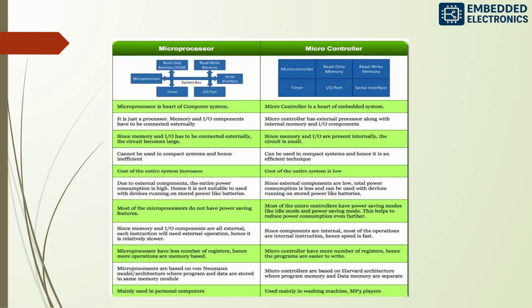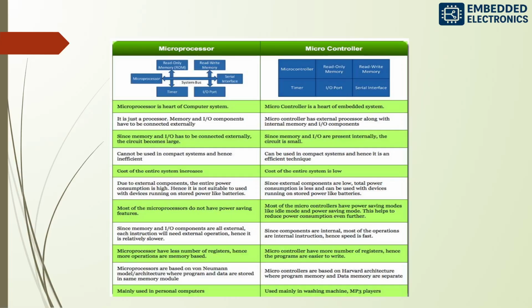Memory and in-out components are all external, right? So each instruction will need an external operation. So it is relatively slower, and most microprocessors do not have power saving features also.